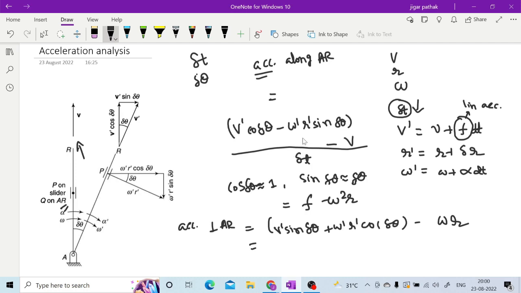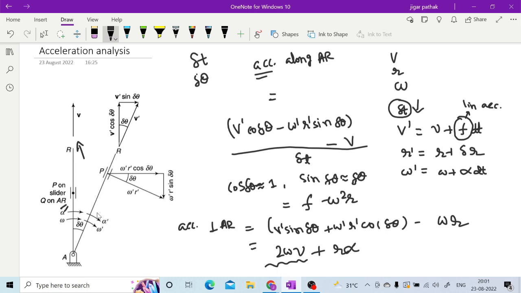Now again you put the values of v dash, r dash, omega dash, and put cos delta theta equal to 1 and sin delta theta equal to delta theta, then you will end up with the equation 2 omega v plus r alpha, where 2 omega v is known as the Coriolis component.